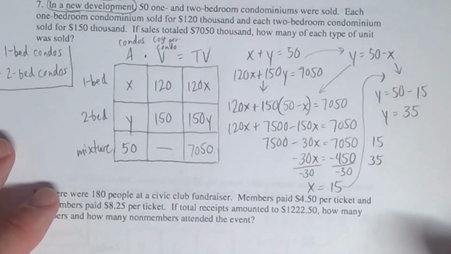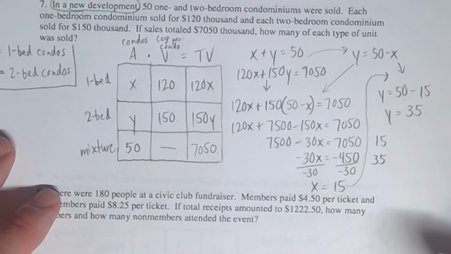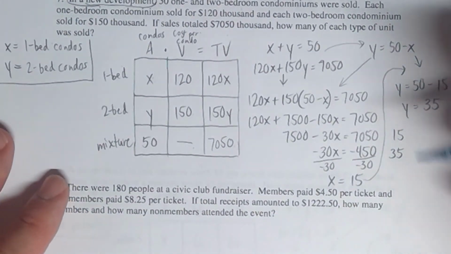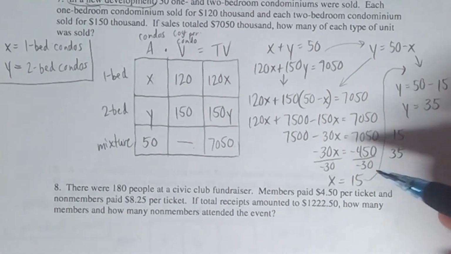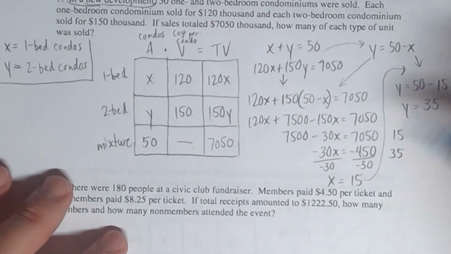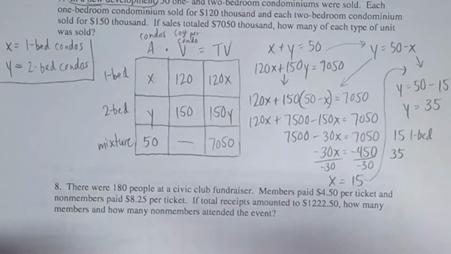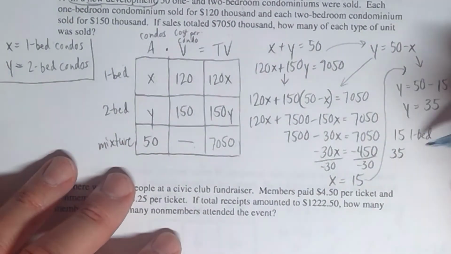15 and 35 what? Okay. How are these things measured? Okay, they are measured as, the 15 was what? It was the number of one-bed condos, right? That's how it's measured. There's no dollars or ounces or pounds this time. The whole thing is just condos.